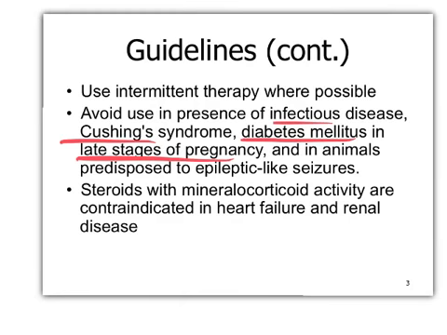Glucocorticoids can, in certain species, in the dog for example, lead to problems with pregnancy, and in any animal that's prone to a seizure. And if you have conditions like congestive heart failure and renal disease, try to stay away from those glucocorticoids that have that higher tendency for mineralocorticoid activity. You can look at that on the table that we talked about in Unit 2.